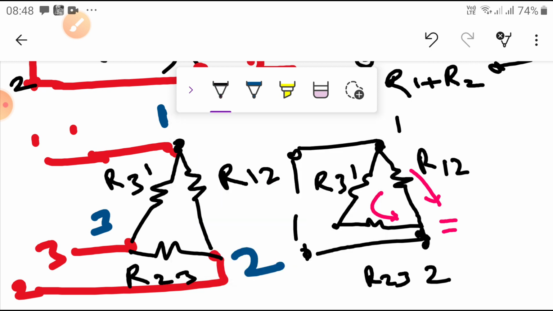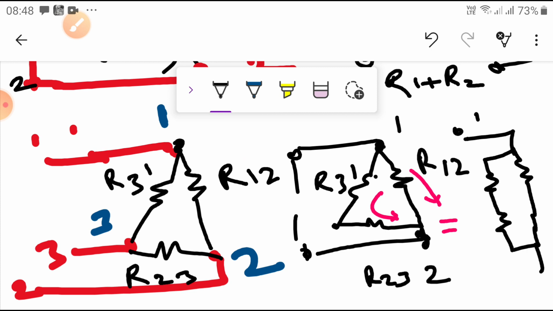So how are they connected? R12 is one resistance, and R31 and R23 are in series, you can see it. That is represented by this one connected here. This is terminal 1, this is terminal 2. Now this is a series circuit, and this is another circuit. Now we combine these two into one circuit.